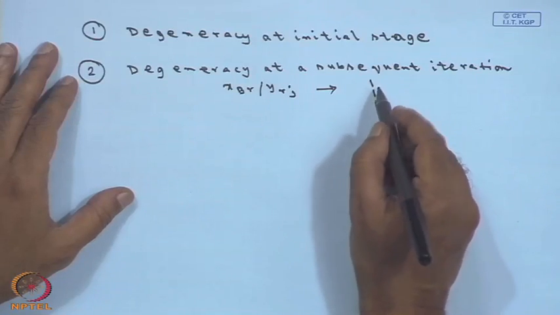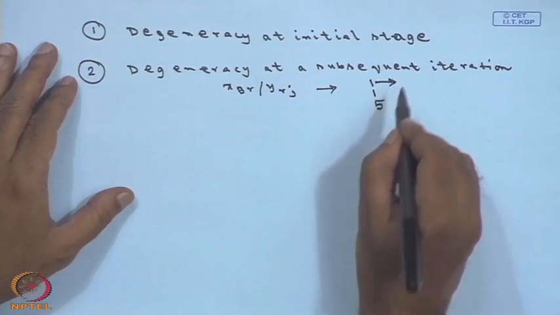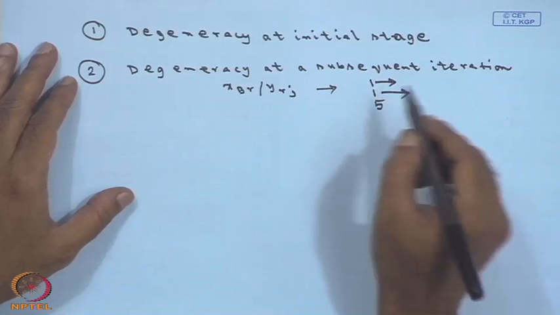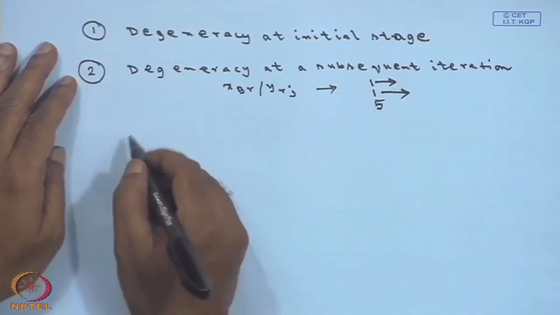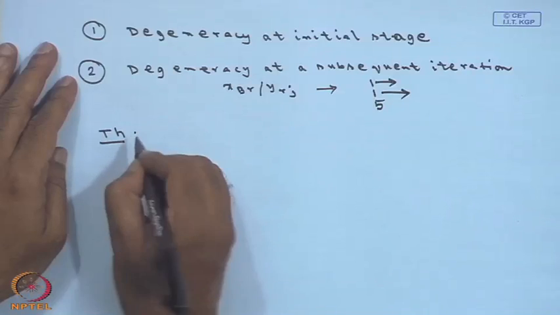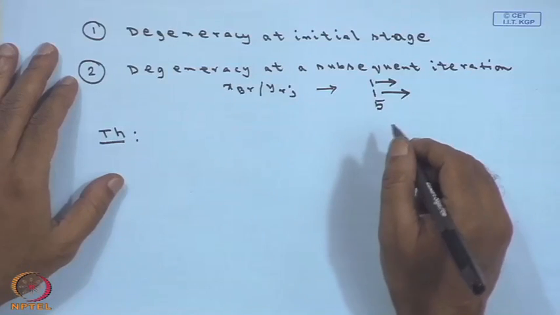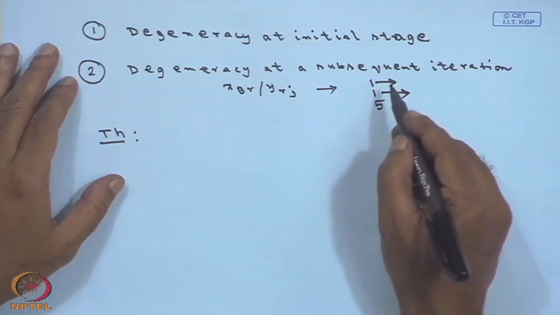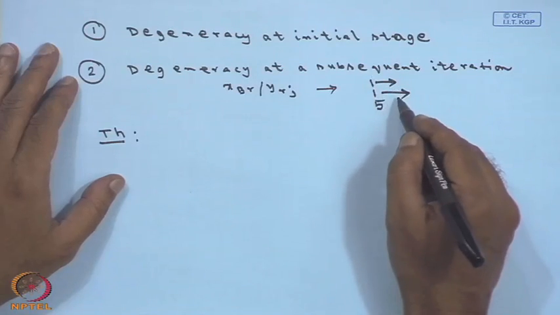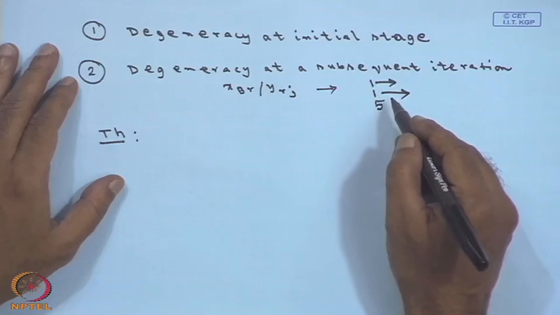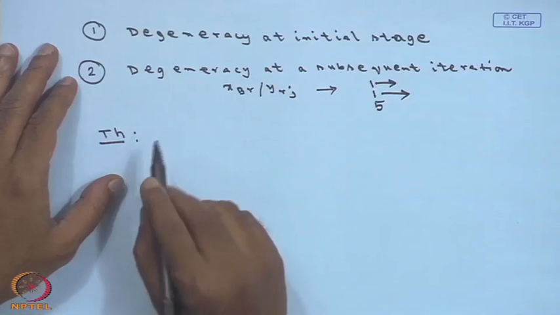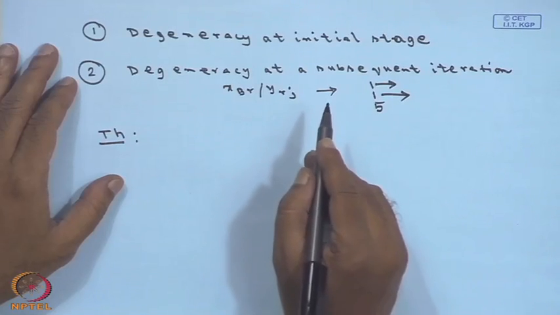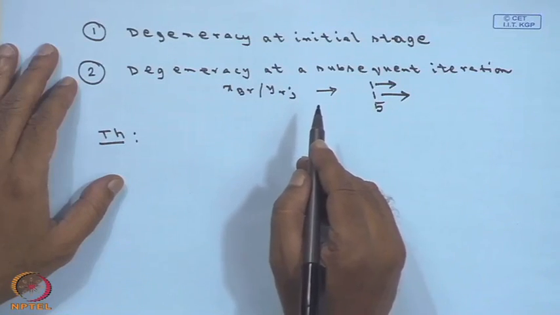Here if you see, I have to decide whether I should depart this row or I should depart this row. I have to be cautious because I am just stating one theorem. When there is a tie in selecting a departing vector, the next solution is bound to be degenerate.